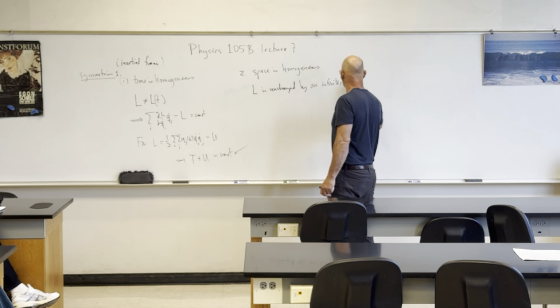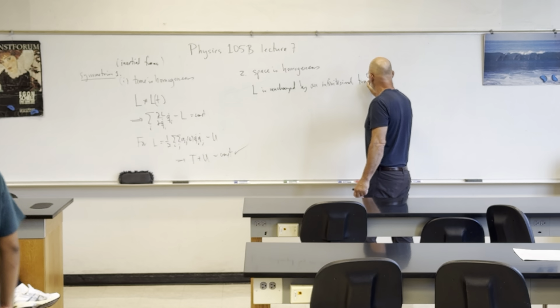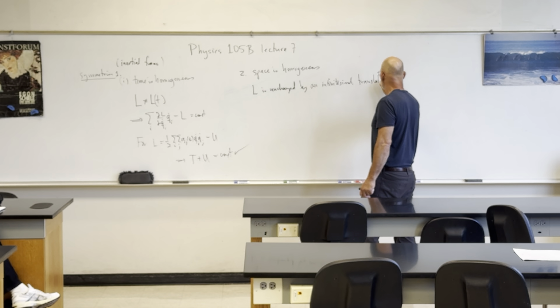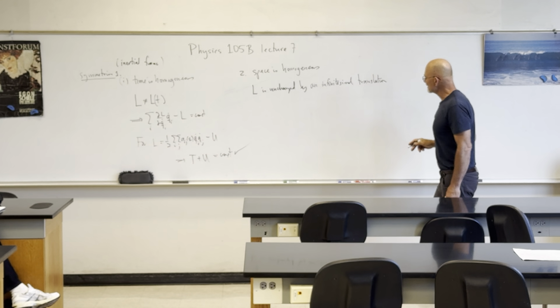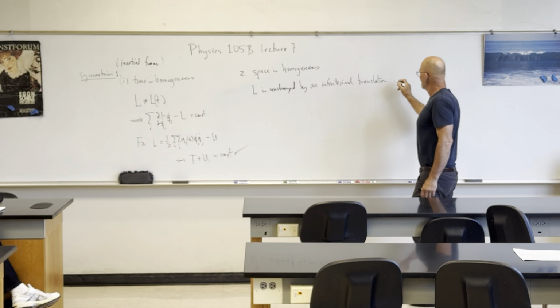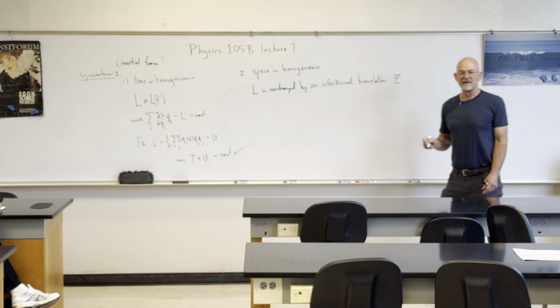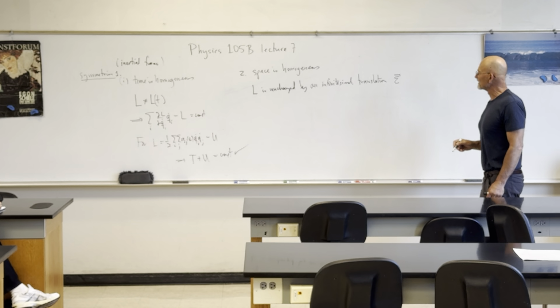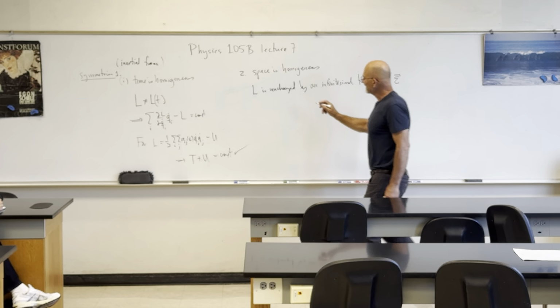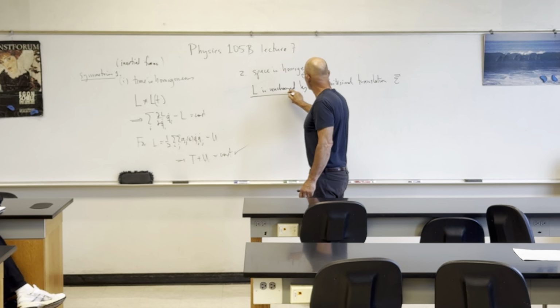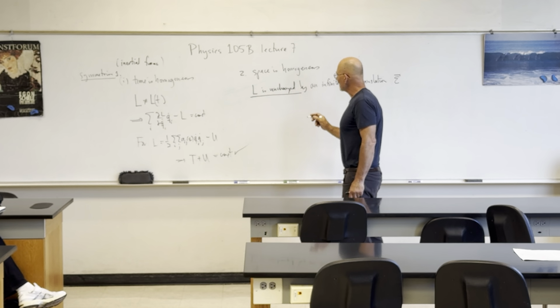And that translation means the entire system is being moved by a vector epsilon. So that's our infinitesimal translation, epsilon. And demanding that L be unchanged by this means the following.